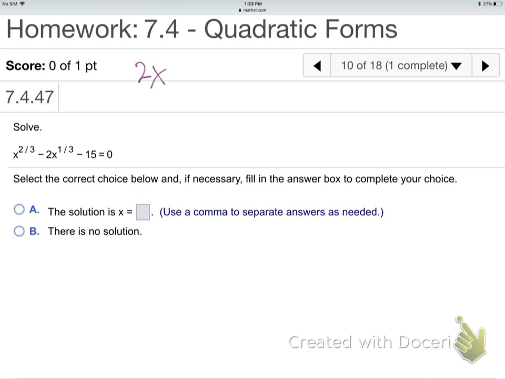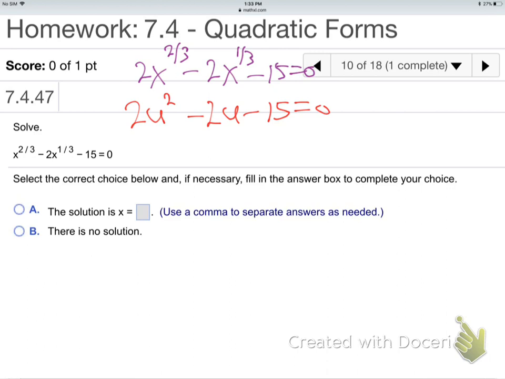Everybody good with that? So the middle will become U, and the front will become U squared. Is that good?